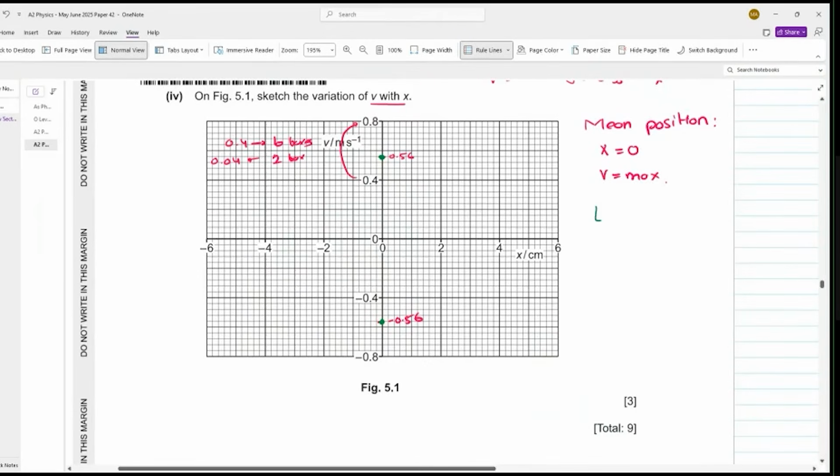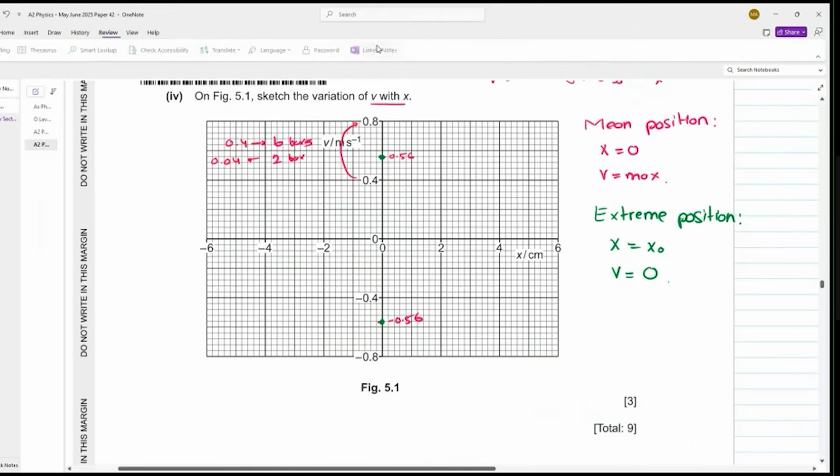Secondly, at the extreme positions. At the extreme positions, what happens? Displacement is equal to the amplitude or maximum displacement and velocity becomes zero. Beta, what is the maximum displacement? What is x naught?